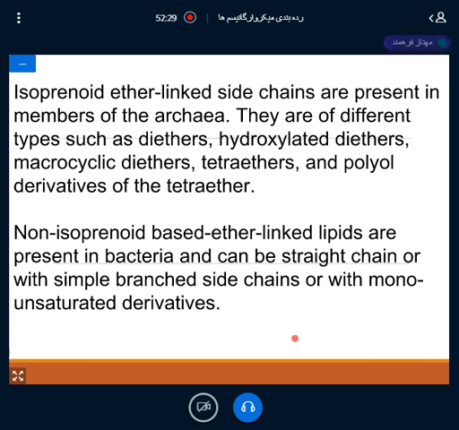Okay, now non-isoprenoid-based ether-linked lipids are present in bacteria and can be straight chain or branched side chains or with monounsaturated derivatives. So we can see the variation here.